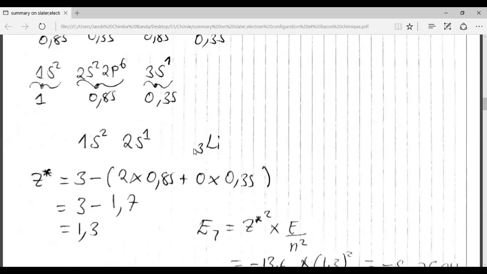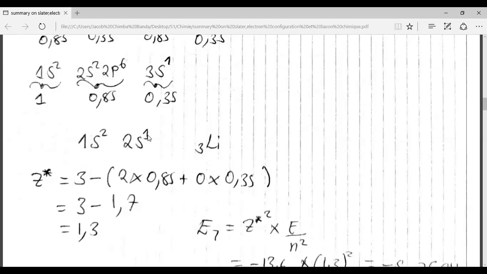When I write the configuration of lithium, there's 1s2, 2s1. It will be 3 minus, how many electrons are here? 2 times 0.85, then plus, here there's one electron out of a shell. If I don't consider that electron, it will be 0.